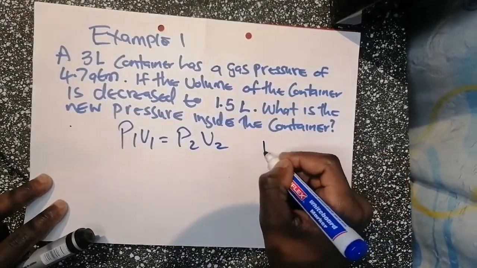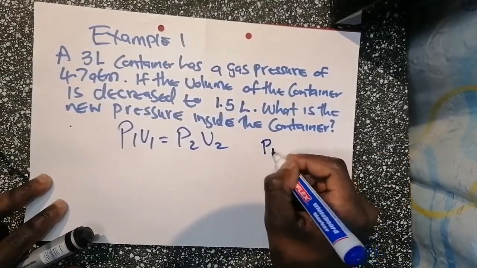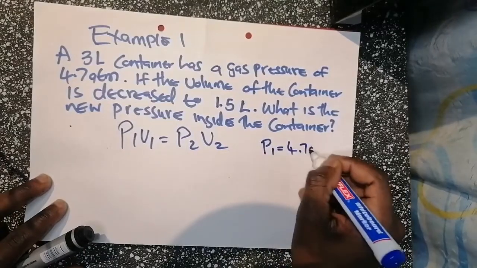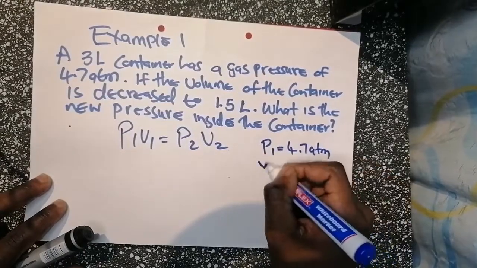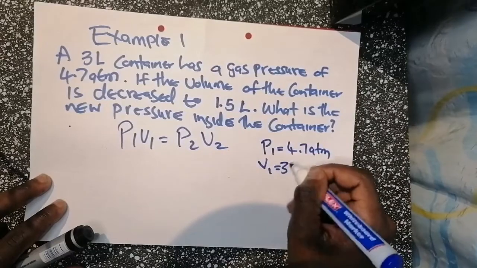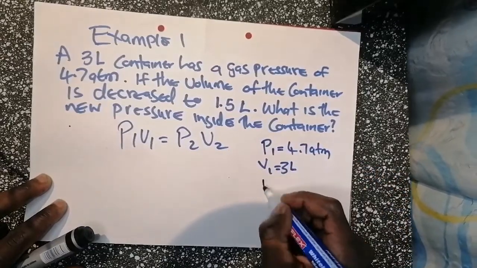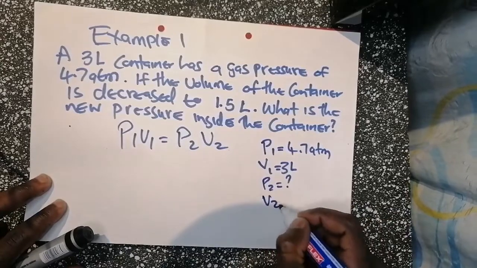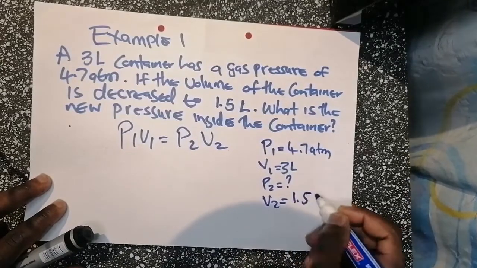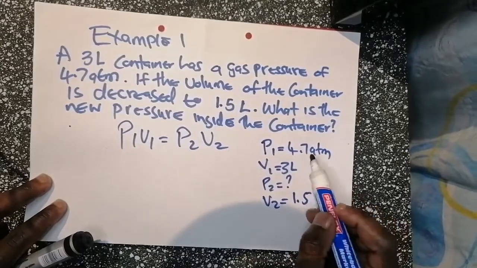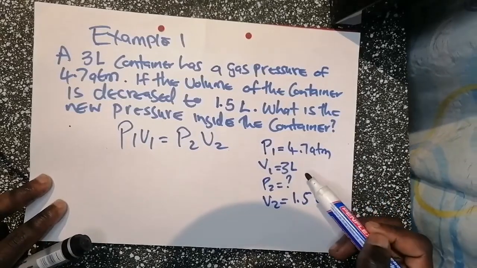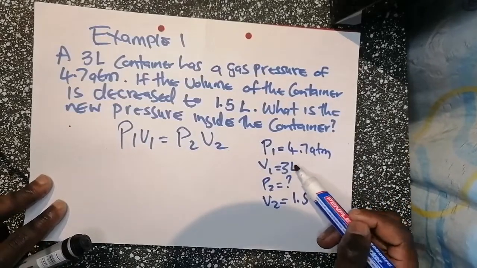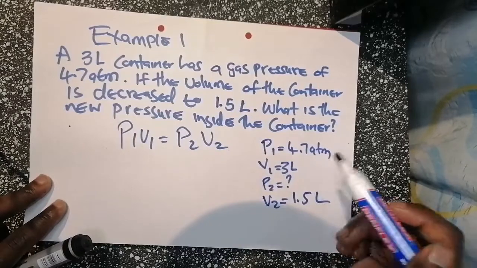Well, we know that P1 is equal to 4.7 atm. What about V1? V1 is 3 liters. Do we have P2? No, we don't. We want that, right? Do we have V2? Of course, 1.5 liters. So already we are decreasing the volume from 3 liters to 1.5, right?